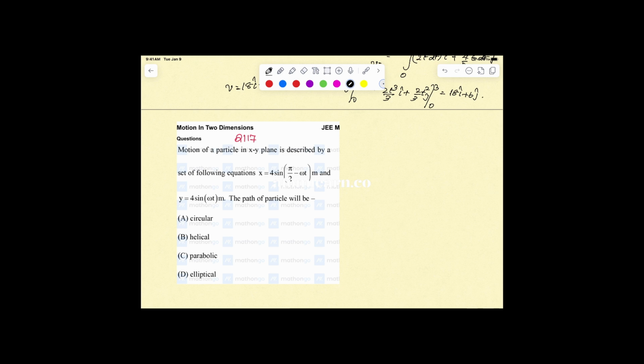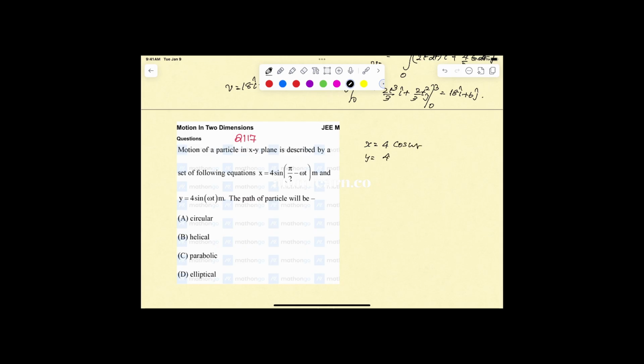The only thing is there is a phase difference between x and y. Therefore, pi by 2 minus, sine of 90 minus omega t is equal to cos function. This gives x is equal to 4 cos omega t.